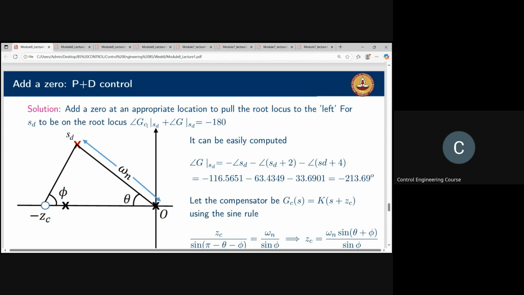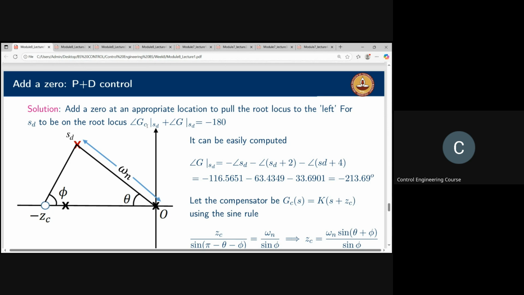Yes, so you have that, but if you multiply two complex numbers, their phases add, right? So the angle of GGC is the angle of G plus the angle of GC. So you want the phase. If GGC is minus 1 by K, take the angle on both sides, you get plus or minus 180 degrees.